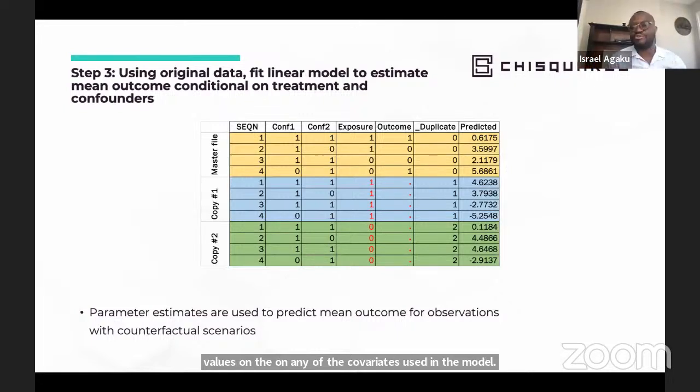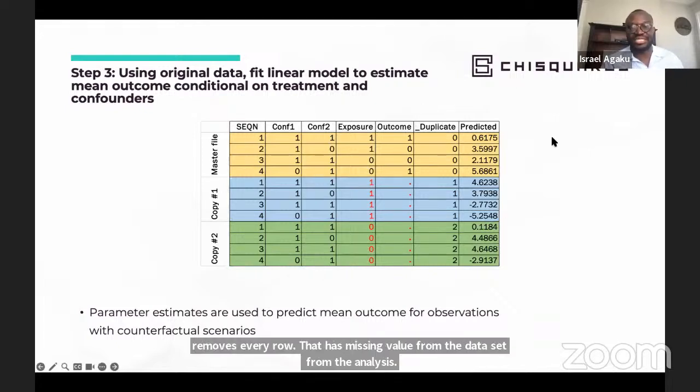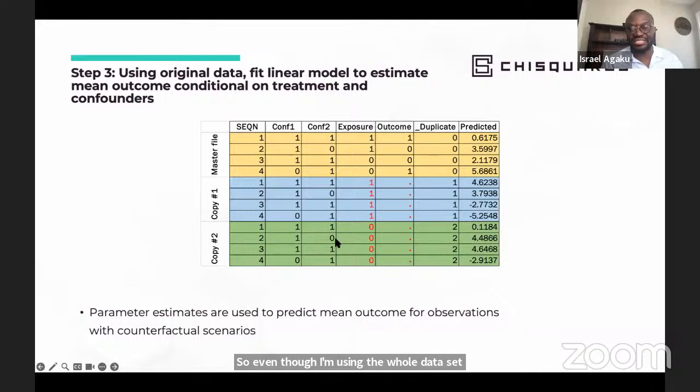It removes every row that has a missing value from the analysis. So even though we're using the whole data set, since the outcome has missing values in this column for both duplicates, the duplicates will not be included in the regression. Only the original data set will be used.